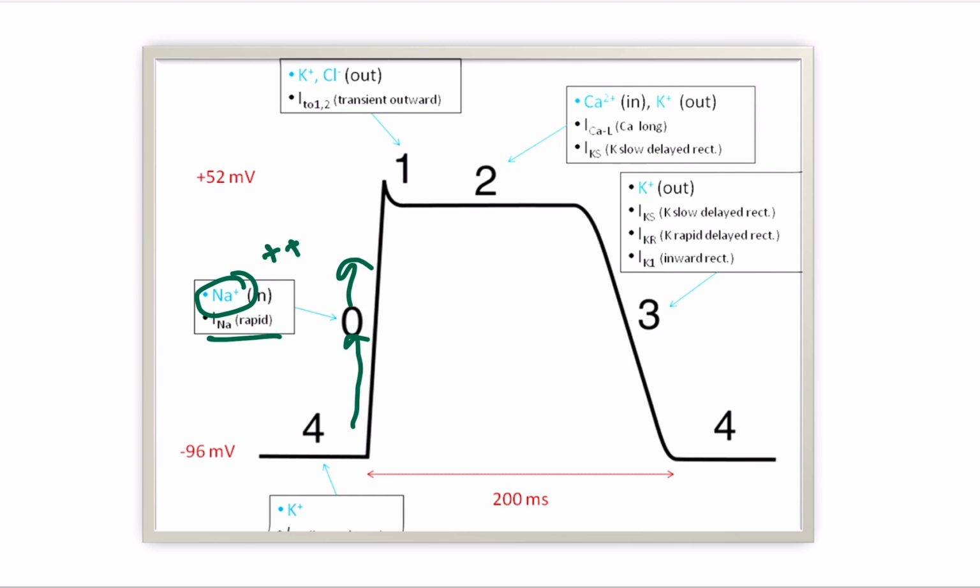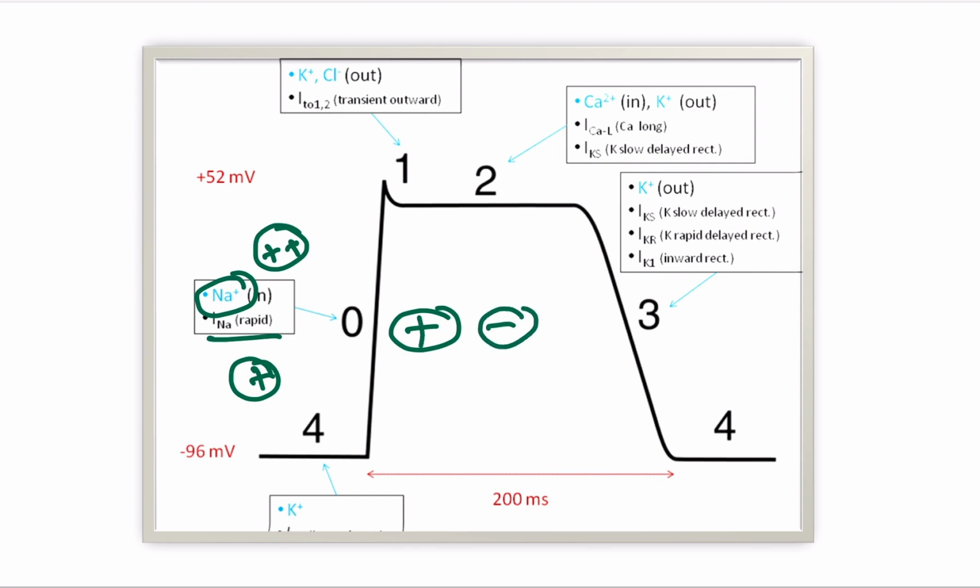In case of a positive ion, the action potential curve goes upward, and in case of a negative ion, the curve goes downward. When there is an increase of positive ions in the cell, there is an increase in action potential, and when there is a decrease of positive ions in the cell or an increase of negative ions in the cell, the action potential goes downward.